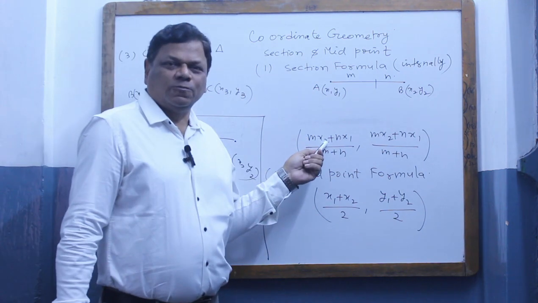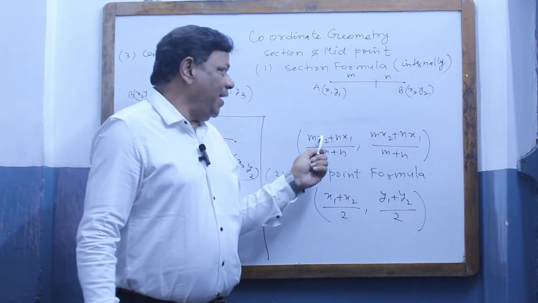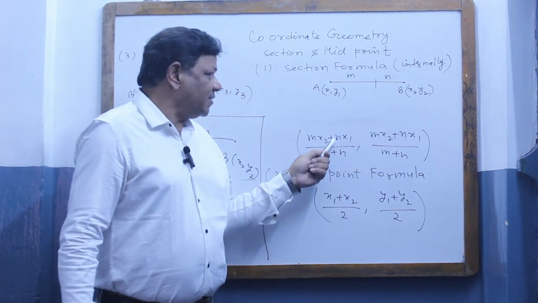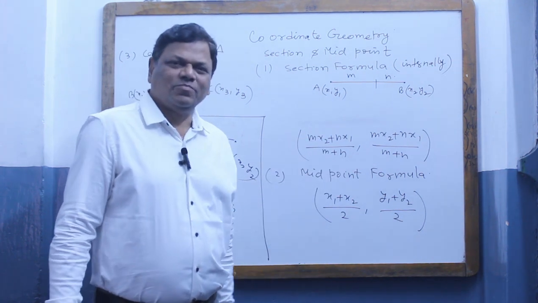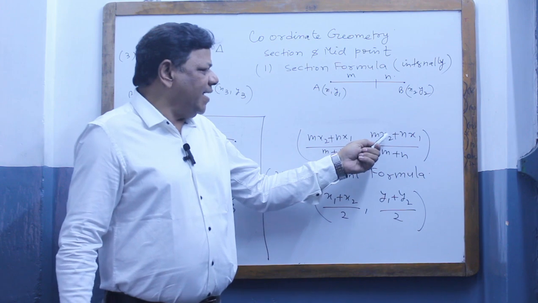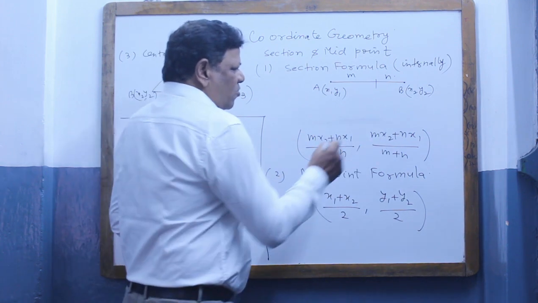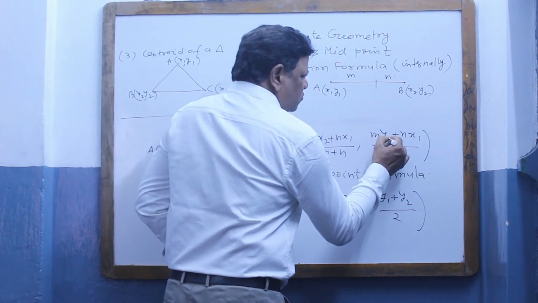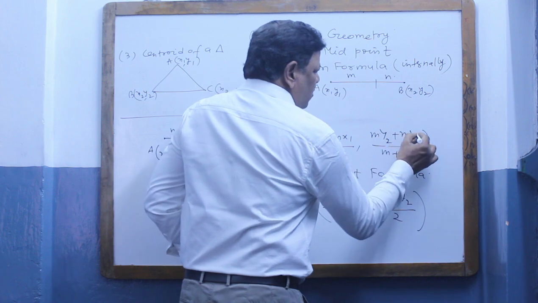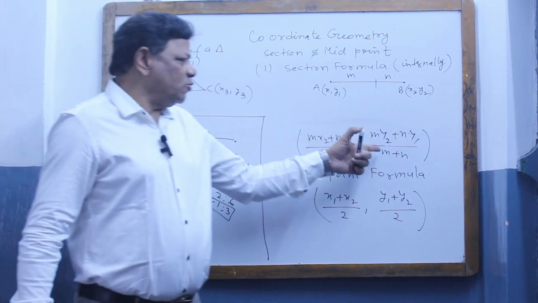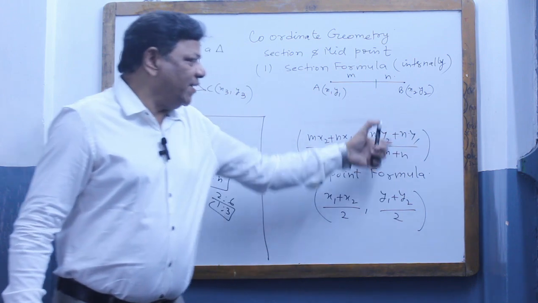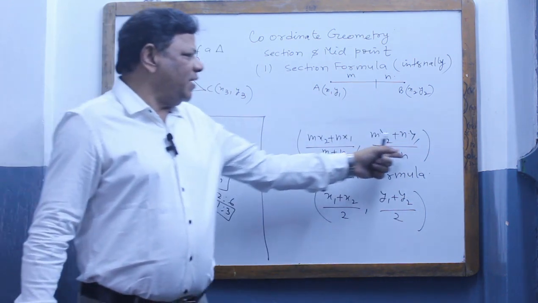m x2, not x1, m x2 plus n x1 by m plus n. And y: m y2 plus n y1 divided by m plus n.